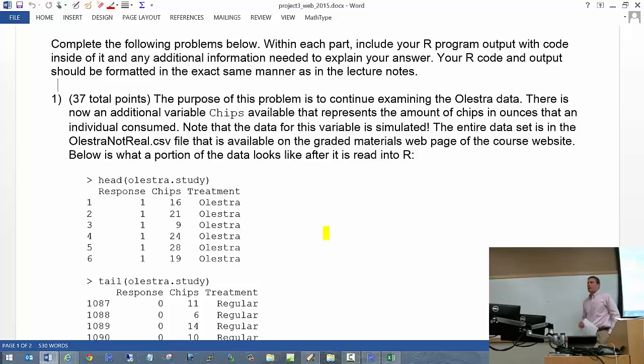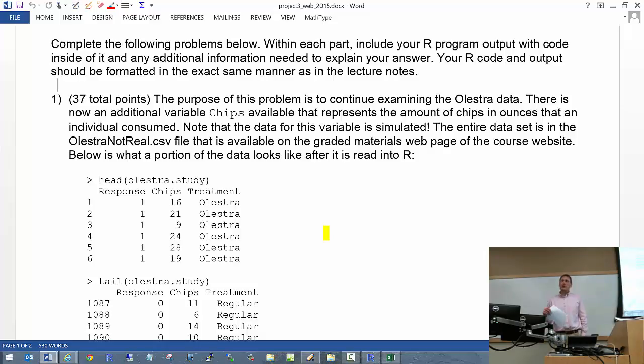So you might remember number 1G of the last project, and let me back up and talk about number 1 first. Number 1 on the last project allowed you to use the treatment, which was essentially Olestra or regular for the type of potato chips, to predict were there side effects or not.